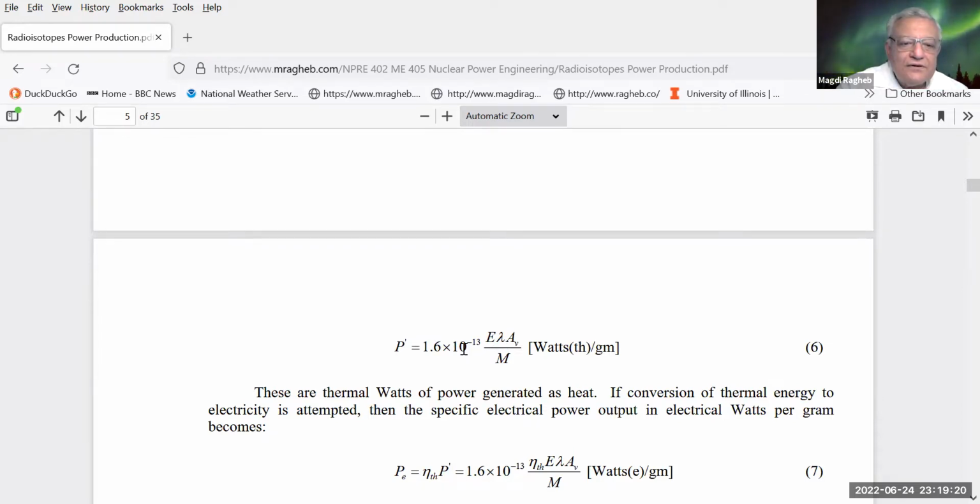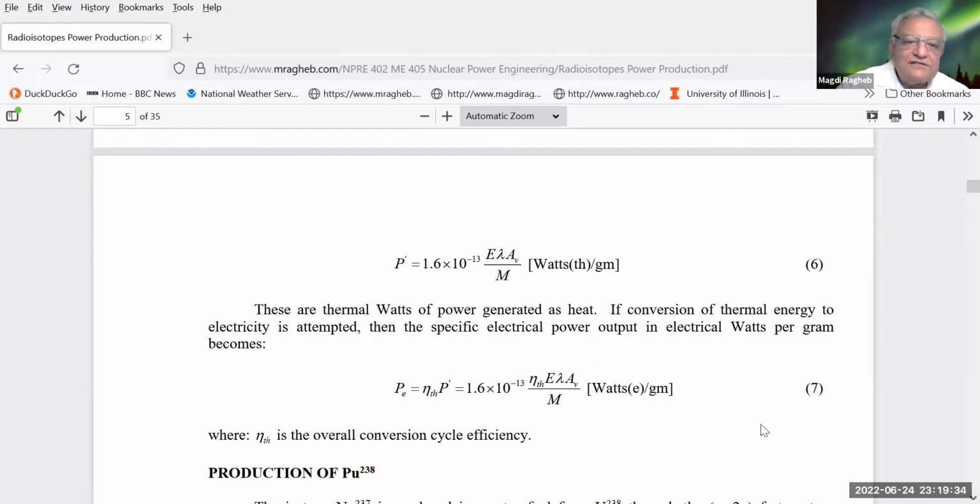And here we are ready to design an isotope that generates a certain number of watts per gram of the isotope. Now, if you are writing that equation here, these watts are not any form of energy, it's primarily thermal energy. But we'll see in a moment how we are going to convert that thermal energy or heat into electricity.